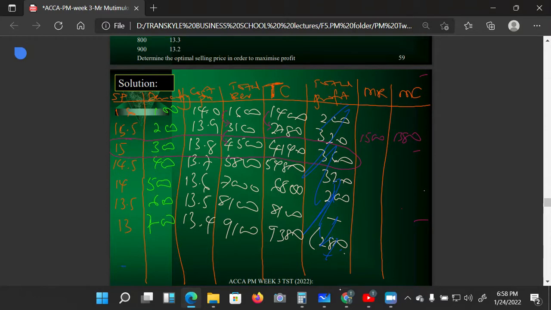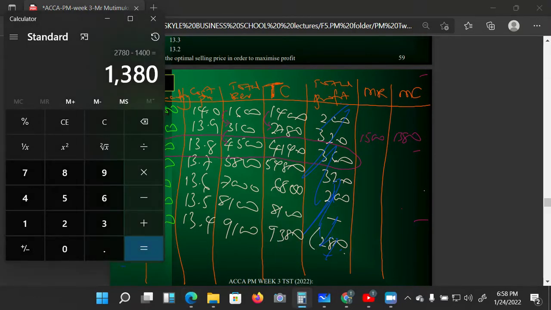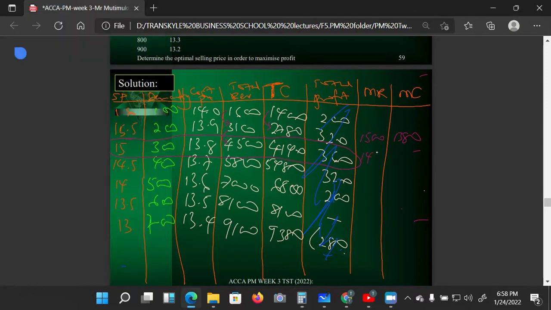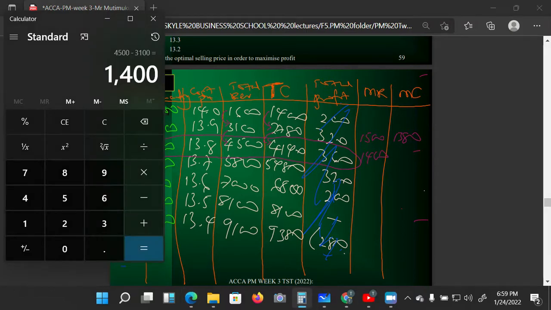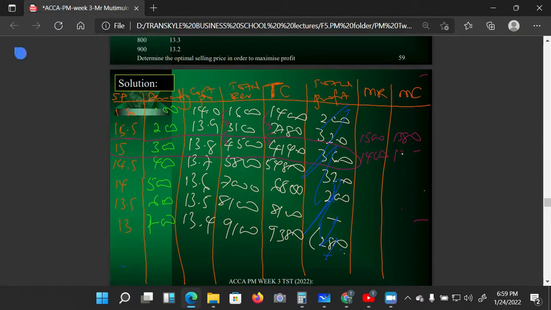So what is the difference? 4,500 minus 3,100, that's 1,400. And the marginal cost is a movement from 2,780 to 4,140. 4,140 minus 2,780, that's a movement of 1,360.